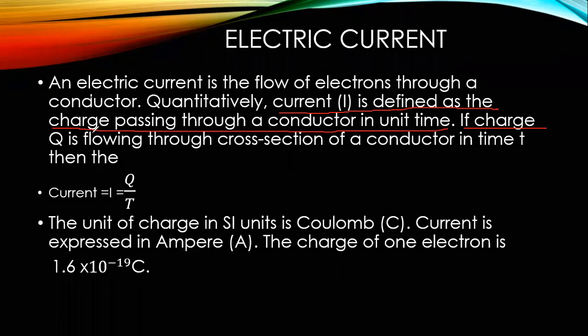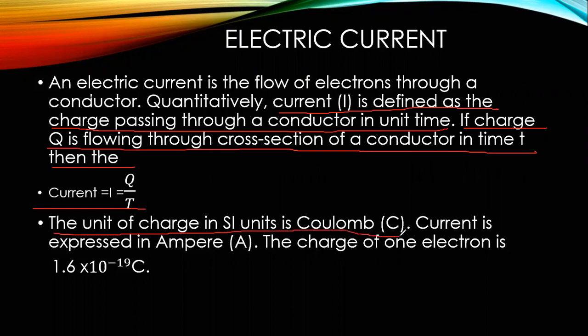If charge Q is flowing through the cross section of a conductor in a time t, then the current I equals Q by t. The SI unit of charge is coulomb and current is expressed in ampere.